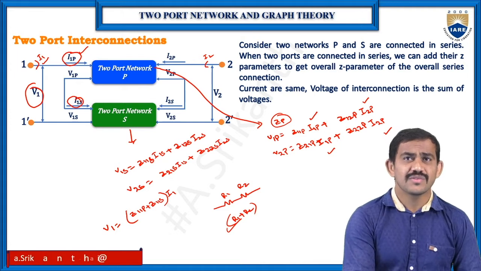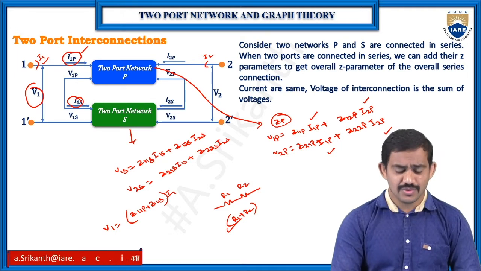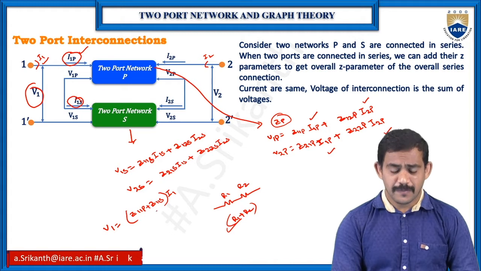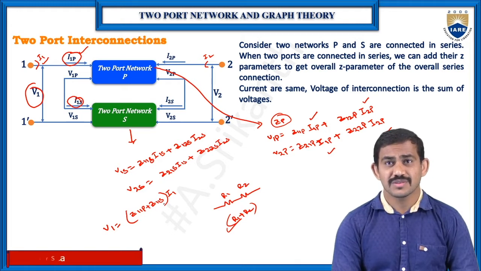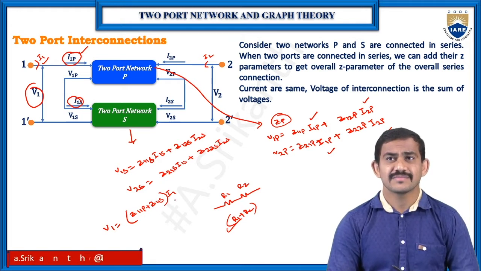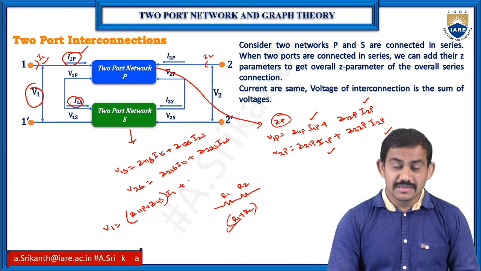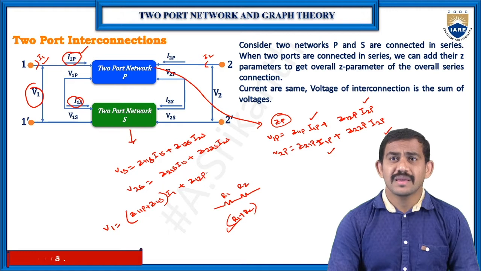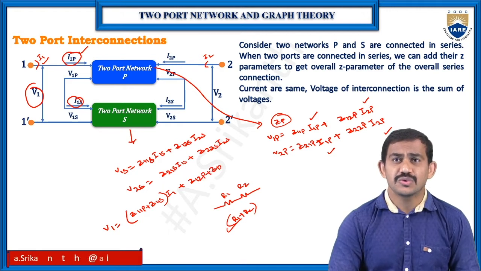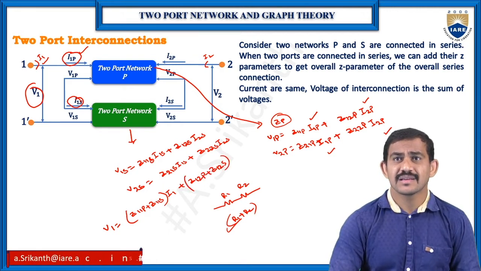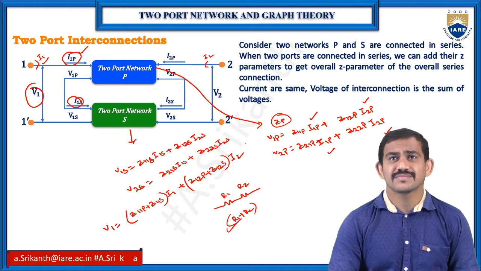Am I right? Plus Z12 of P plus Z12 of S, into I2. Clear, guys?